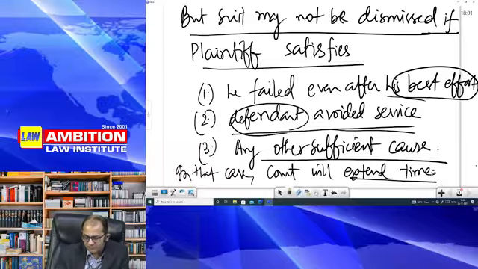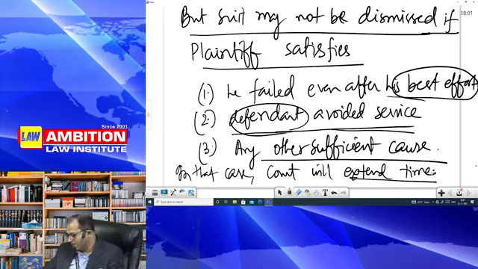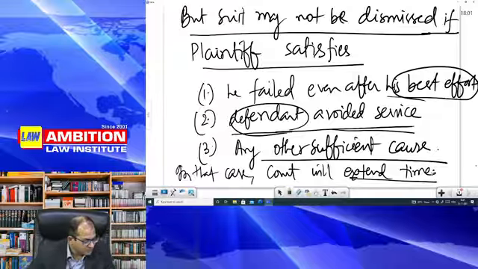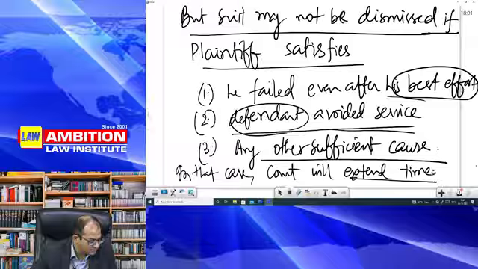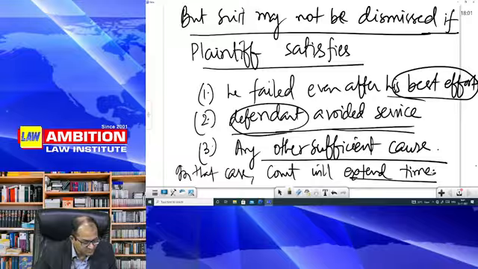And if it is dismissed, then the plaintiff may bring again a fresh suit. In such case, the plaintiff may, subject to the law of limitation, bring a fresh suit. Is this clear? If the suit is dismissed, the plaintiff may bring a fresh suit.